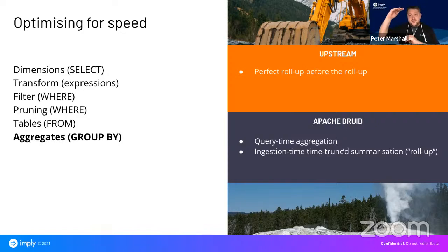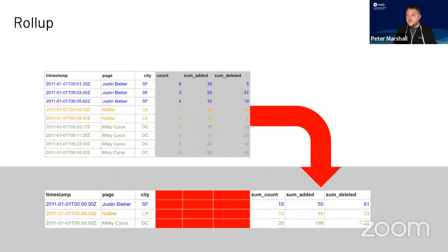So it reduces the number of rows that are actually going to be stored inside Druid, which is good for money. And it also reduces the overall scan time. So you get a massive improvement in performance. And there are some use cases, though, where you need to do those aggregations based on something other than time. And for those use cases, again, you might need to do that upstream. Do go and have a look at that feature, really important, called rollup inside Druid, so you can understand how that works.